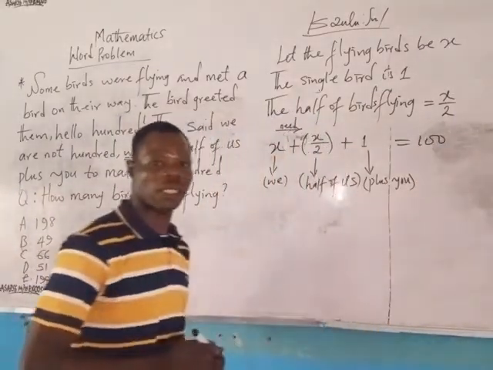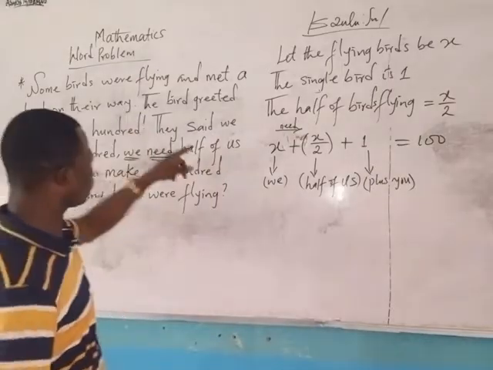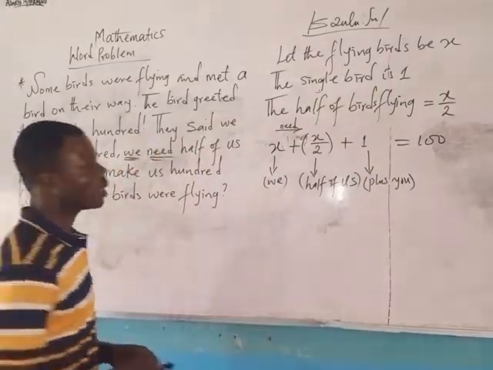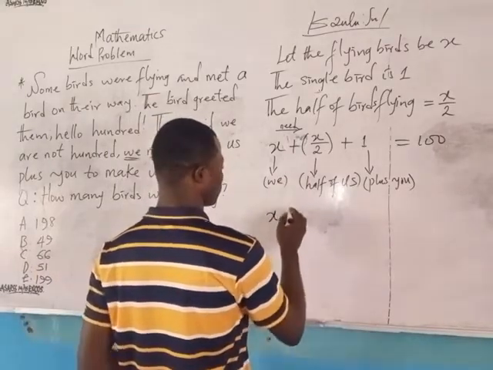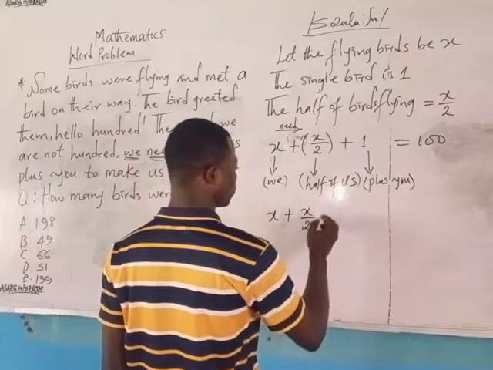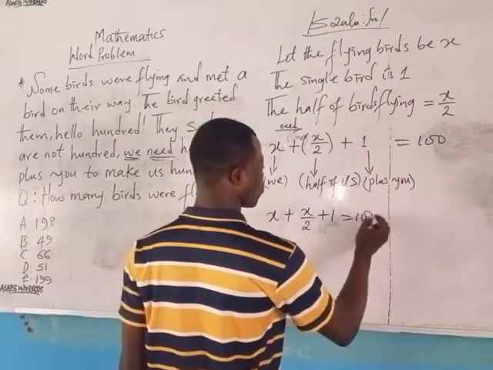It is then that the statement you just said will be correct. So we are going to have x plus x over 2 plus 1 equal to 100.